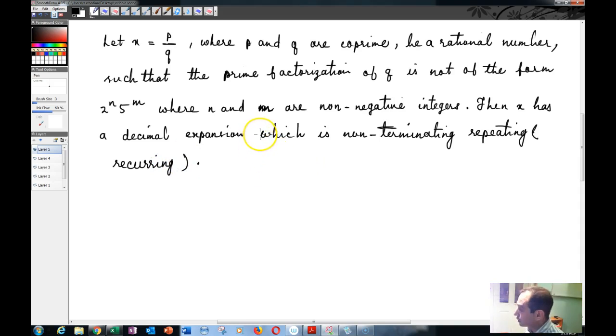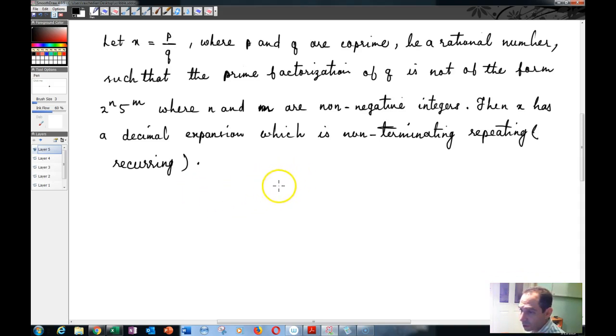And I think from the whole discussion that we had over here, you can conclude that there can be only two cases for the decimal expansion of every rational number.